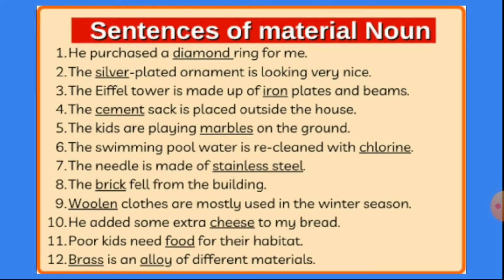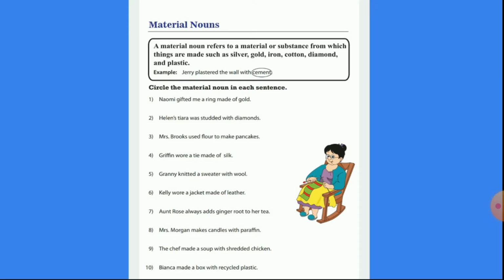Now the time is of testing. Let us see whether you have understood material nouns properly or not. Let us revise one more time the definition of material noun. Let us read all together, okay?